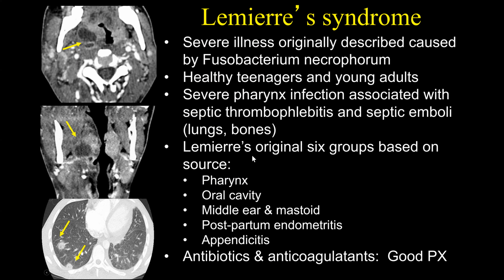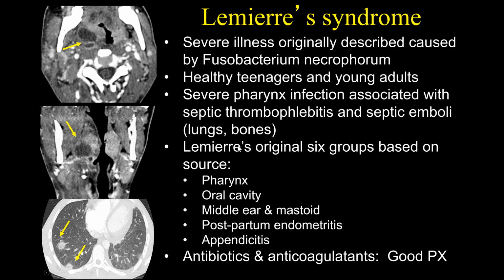So currently, we think of Lemierre's syndrome as a complication of a severe pharyngeal infection that's associated with septic thrombophlebitis. Here we can see occlusion of the right internal jugular vein, and it's also associated with septic emboli that may involve the lungs or the bone. So this is the classical appearance of Lemierre's syndrome.